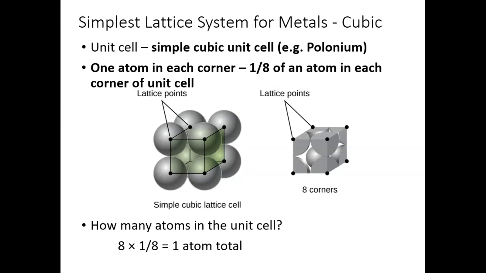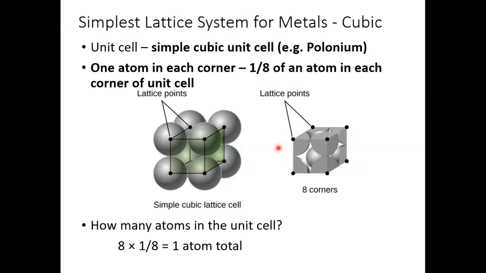One atom at each corner. So that means in one unit cell, at each corner, at each lattice point, what volume of the atom is contained in that one cube?